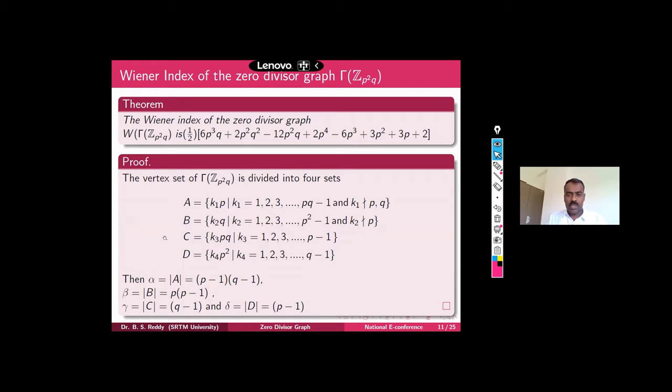Okay, so the idea is, again, you will have 4 different sets of vertices, and then you will have different possibilities. That is how we did it. Of course, one can simplify even easier, but I'm explaining how we did it. With the 4 sets, we have seen several possibilities, and for every possibility we have calculated the distance, and finally summed up.